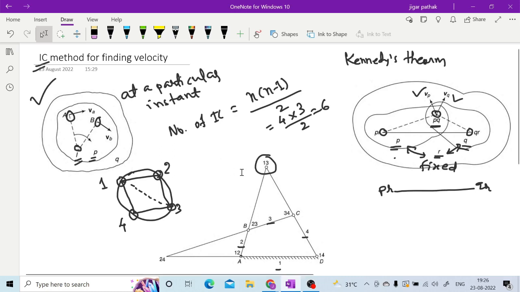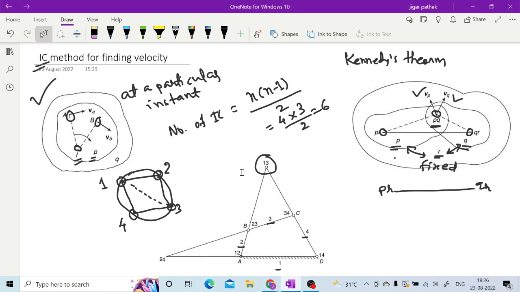Through this analysis, after calculating velocity and acceleration, you are going to further calculate the forces acting on these links. That is why it will be helpful in designing the dimensions, because after the force you can get the stress acting on it.